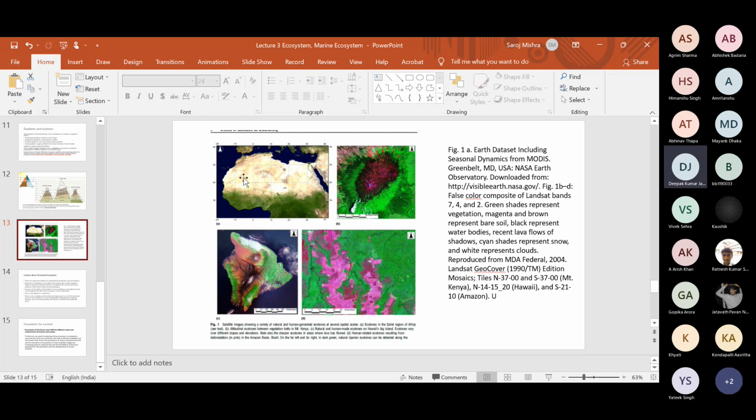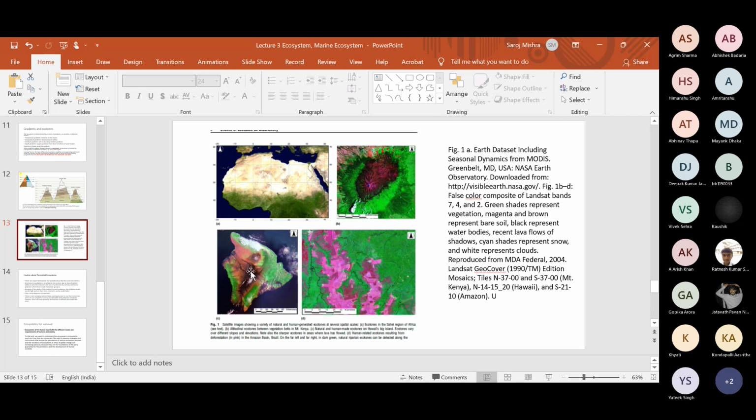Okay, and these are the natural ecotones, but then it can be man-made also, like you see here, or because of lava in this picture. This is a satellite picture again from northern Africa, where the brown represents a lava flow, as a result of which all the vegetation died around it.